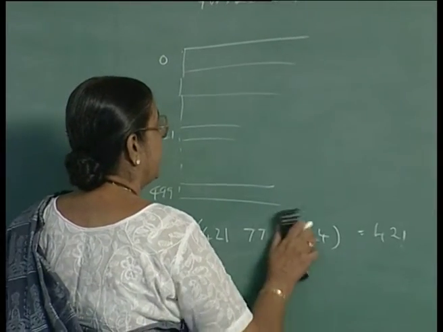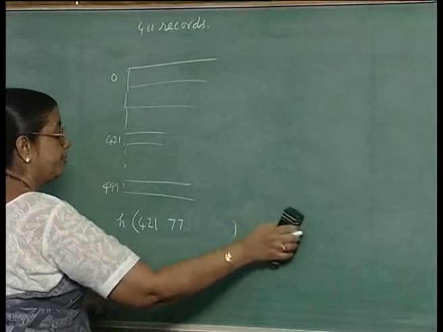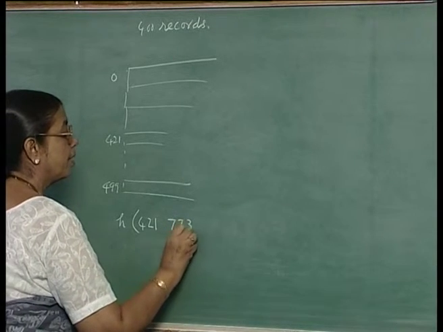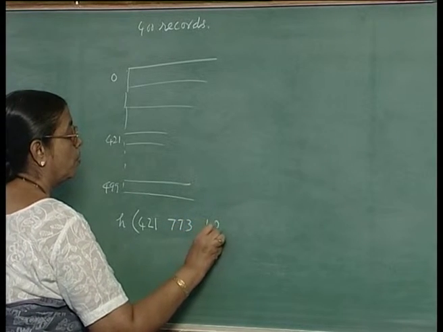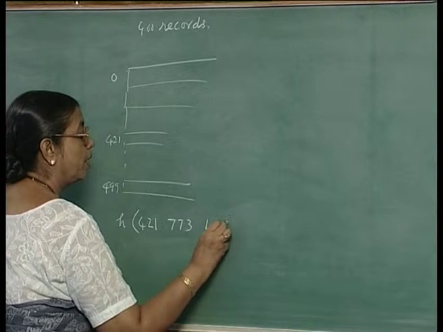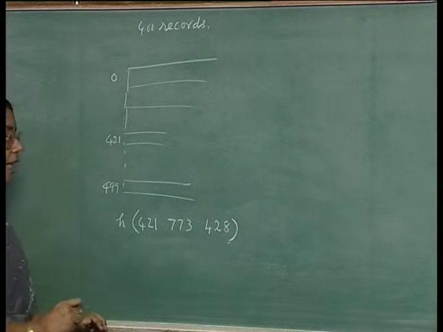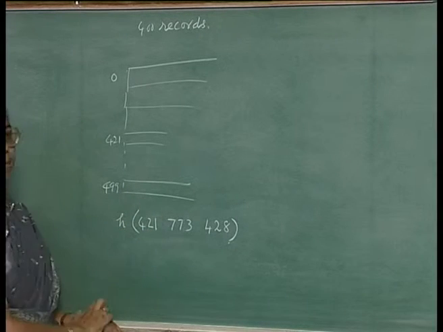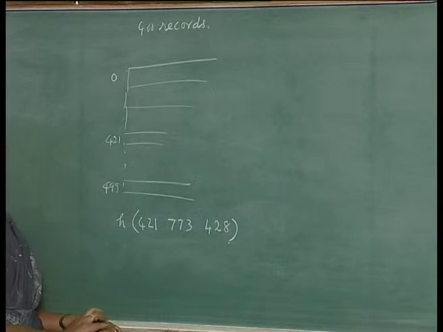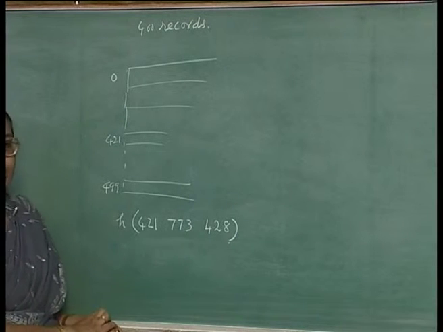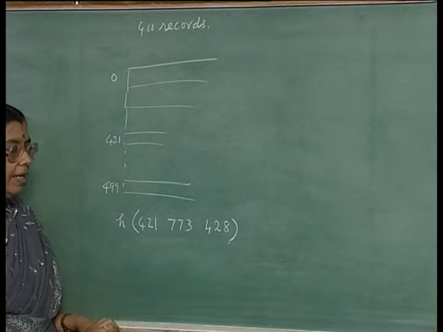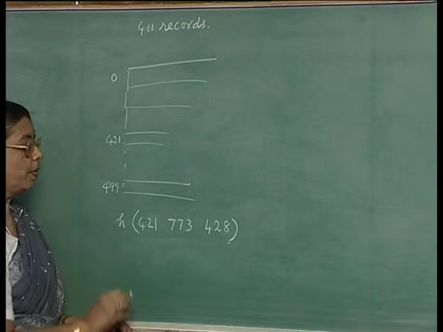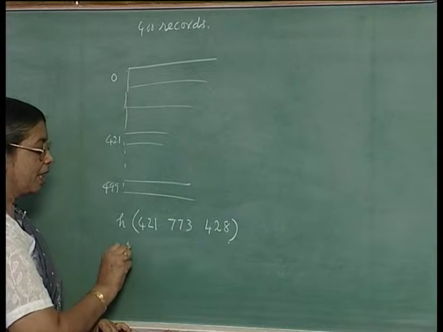Suppose I have a 9-digit number like this. Then this has to be reduced to a number with 3 digits, where the first digit can be 0 to 4, second digit can be 0 to 9, third digit can be 0 to 9.